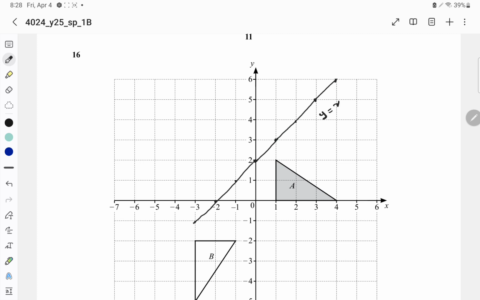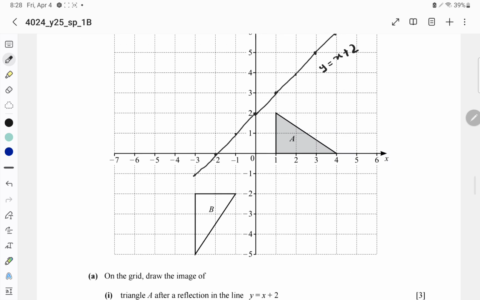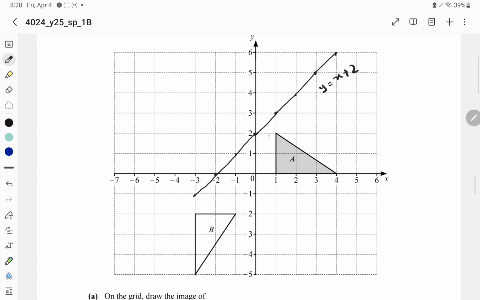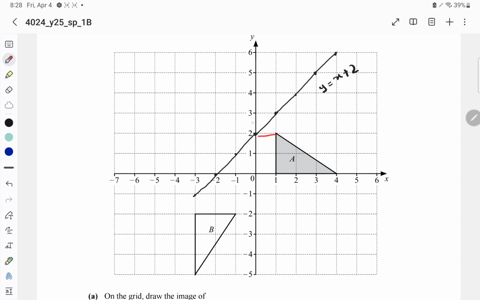This is the line y equals x plus 2. I have to reflect this number, so that is becoming the first number of this reflection. Either you can check like this.